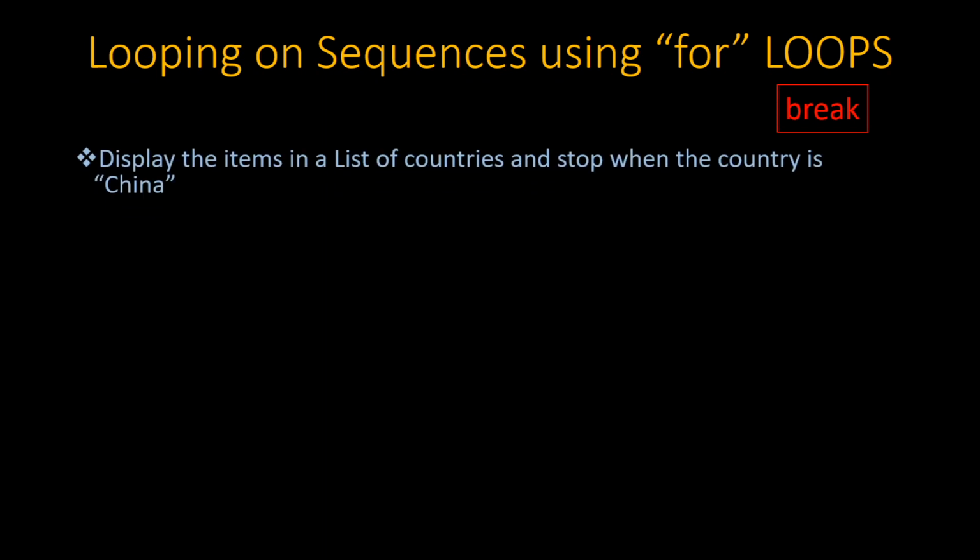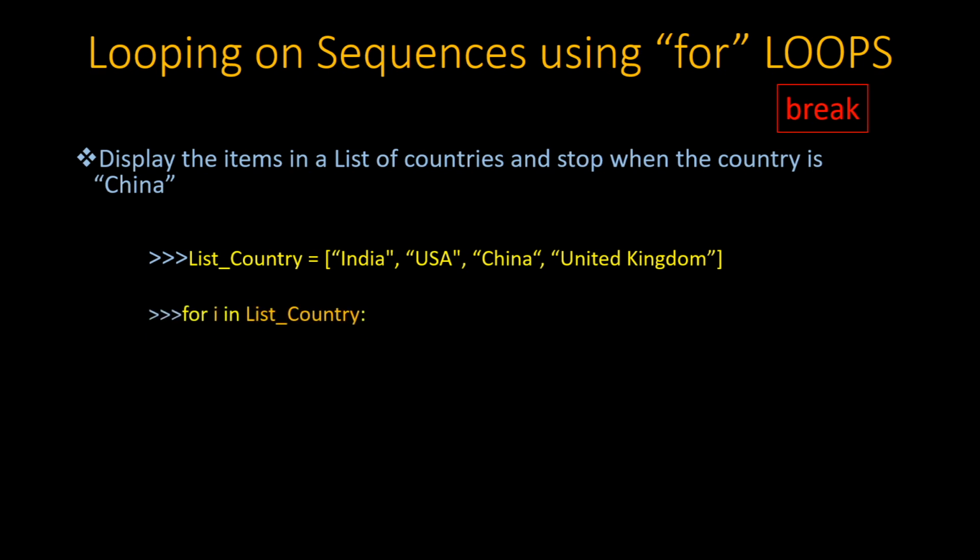Our example says display the items in a list of countries and stop when the country is China. For that we have a list of countries, and then we have a for expression, and then an if construct which says if I is equal to China, break.